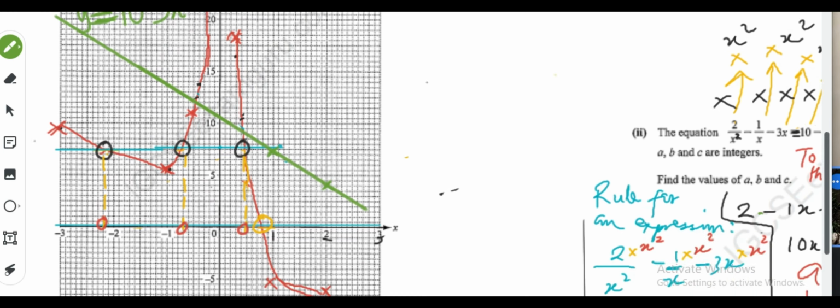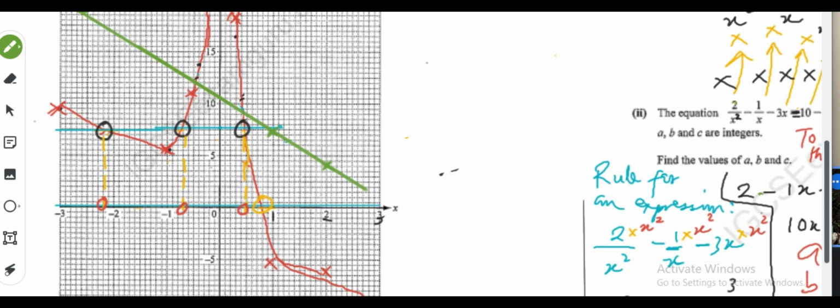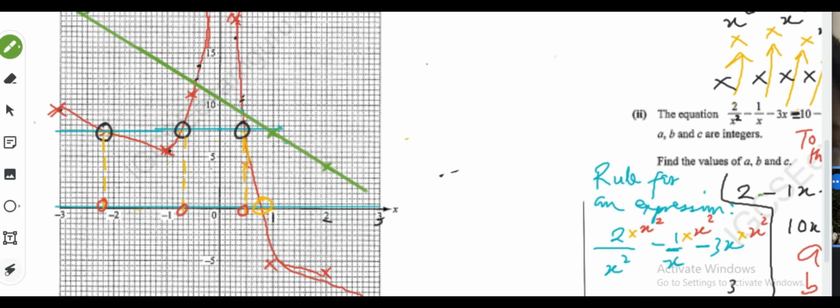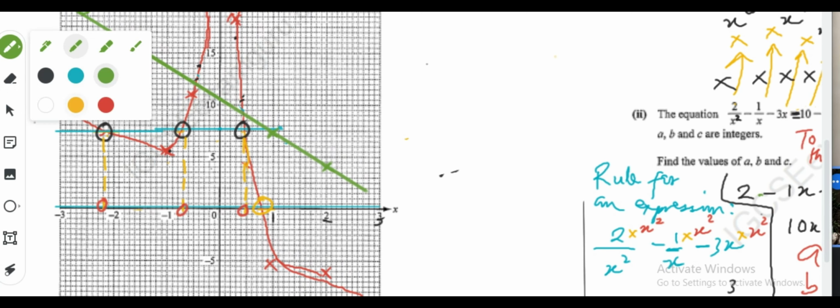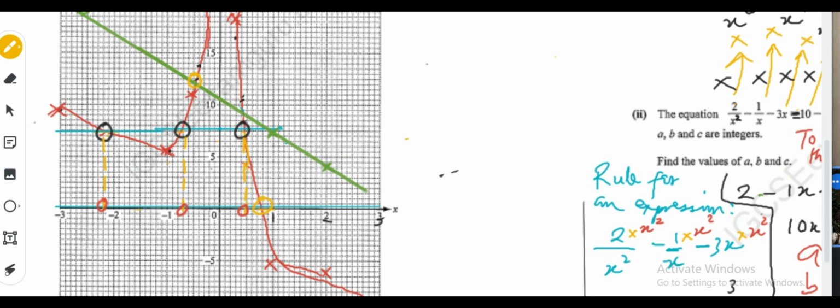So how do we solve the equation now? Where it cuts the graph, isn't it? Yeah, where it cuts. At this point and at this point. And at this point we trace down, almost like the other one. This one we trace down to here.